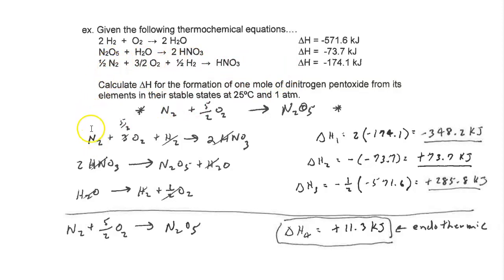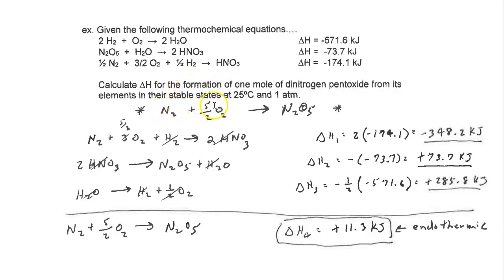So multiplying this by 2 becomes N2 plus 3O2 plus H2 goes to 2HNO3. When I did that, I take this delta H and I have to multiply it by 2 since I multiplied the equation. So delta H for this reaction is negative 348.2, which is 2 times 174.1. See, you've got to get it on the proper side, got to get the right amount.